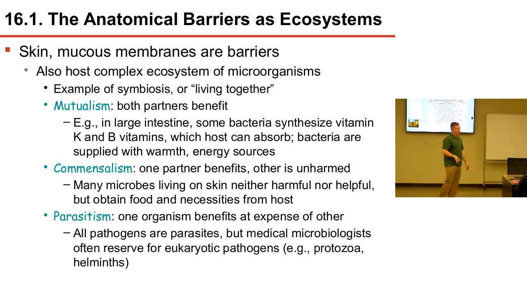We call them parasites, but here the word parasitism isn't referring to that per se. We're just referring to one organism benefiting while the other one gets harmed. So just keep in mind that, again, English is weird, right? There are certain words that mean different things depending on the context you use them in. Here, parasitism is just a definition, where a parasite is something different.